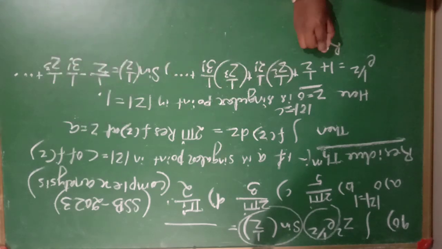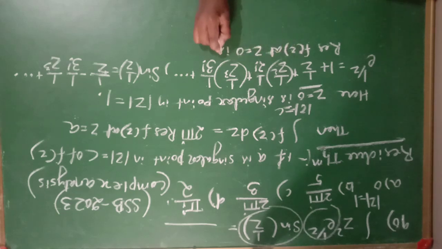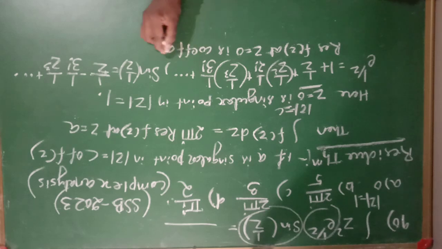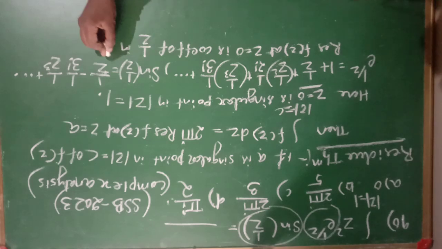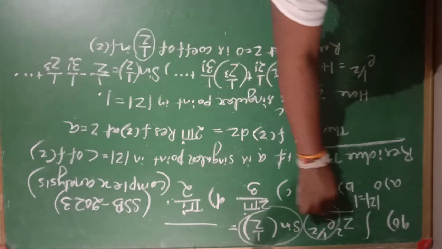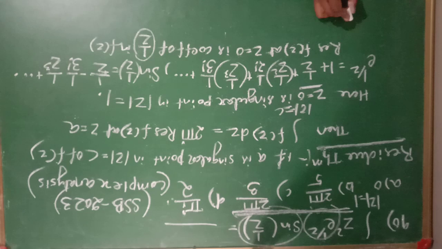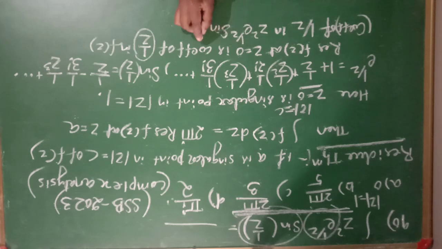So the residue of f of z at z equals 0 is the coefficient of 1 by z in the expansion of f of z. So we have to find the coefficient of 1 by z in z square e to the power 1 by z into sin 1 by z.